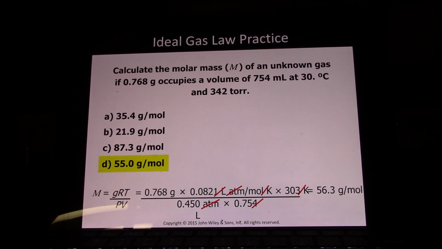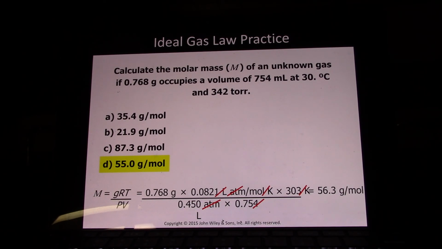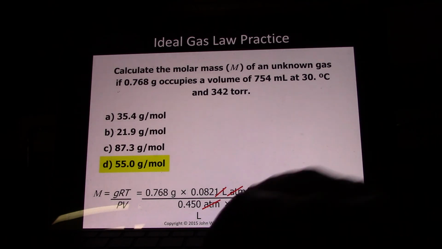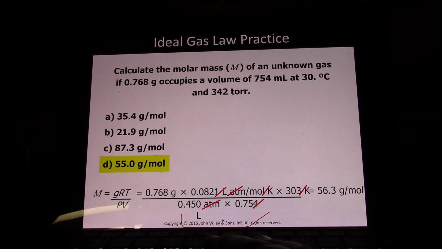And then we plug and chug. The mass of the gas, which is given to you, times R, which is always 0.0821 liter atmospheres per mole Kelvin, and again the mass of the gas was 0.768 grams, times the Kelvin temperature, 303 Kelvin, divided by, and when you do this in your calculator, you should put the entire denominator in parentheses so your calculator knows all of it is in the denominator.